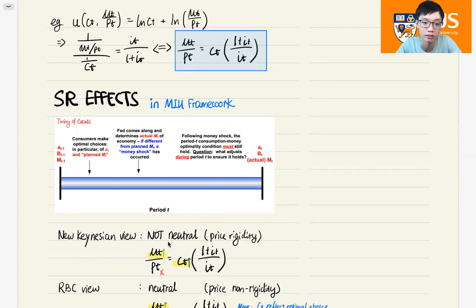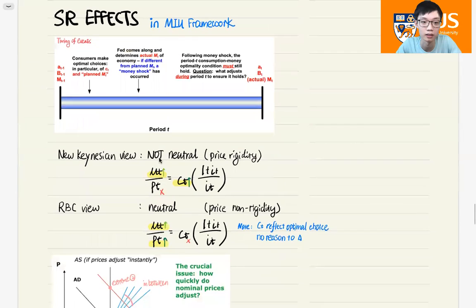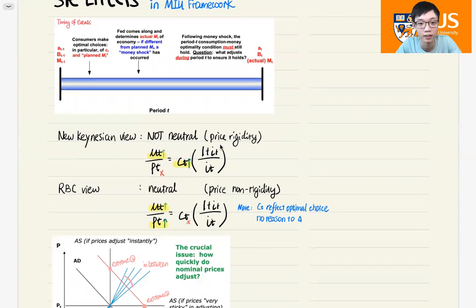So the Keynesian view is that the money is not neutral. Because of the price rigidity, price will not change easily, because maybe there is a union in a company that prohibits the company from lowering the wage, right?